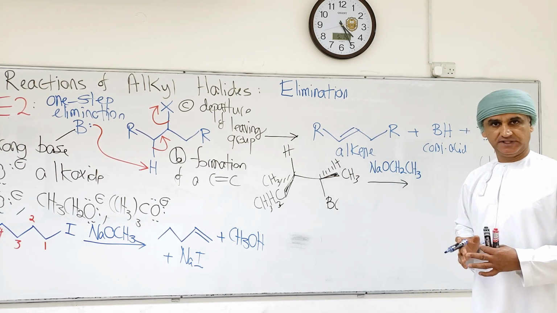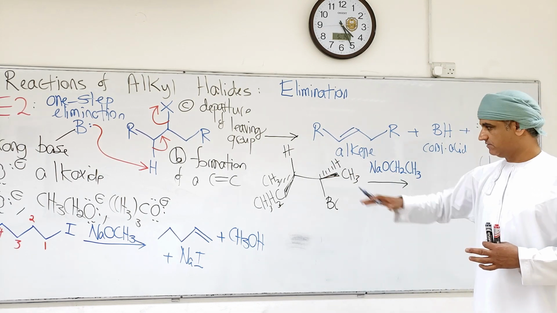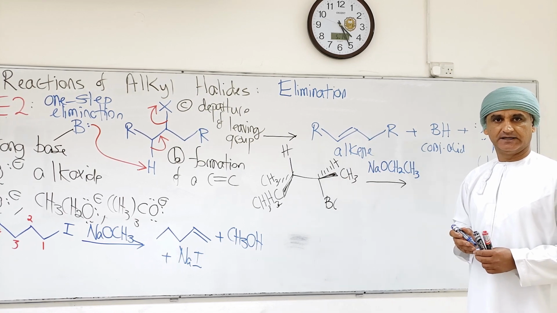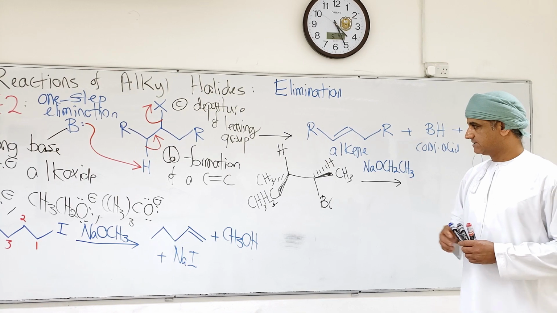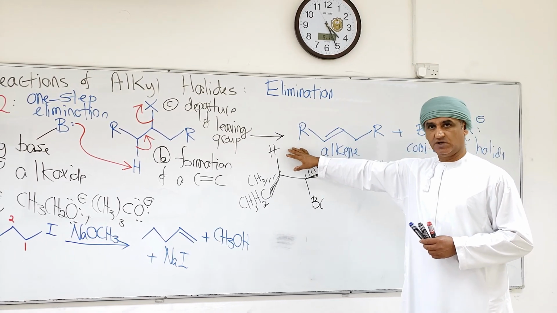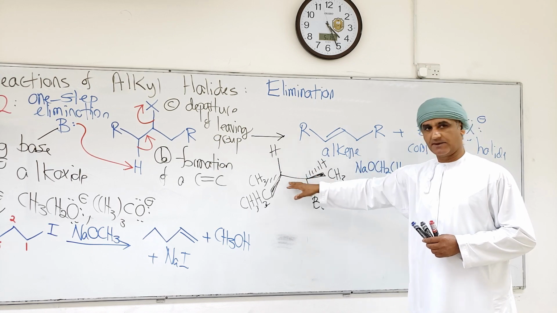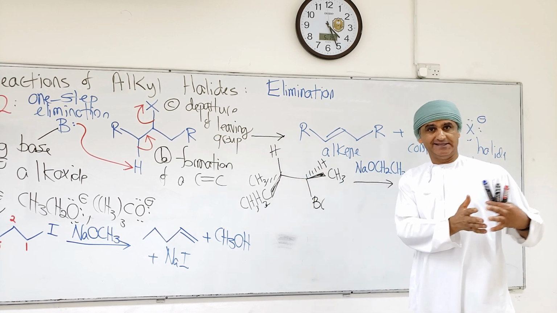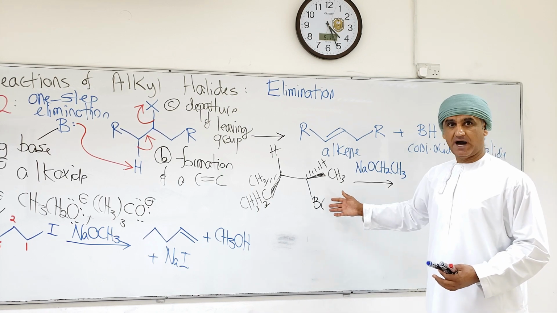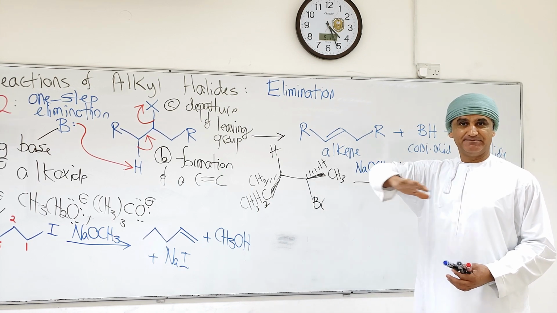A very important feature of the E2 reaction is the conformation of the starting alkyl halide: the hydrogen to be lost, the two carbons that would be doubly bonded in the alkene product, and the departing group should be on the same plane.